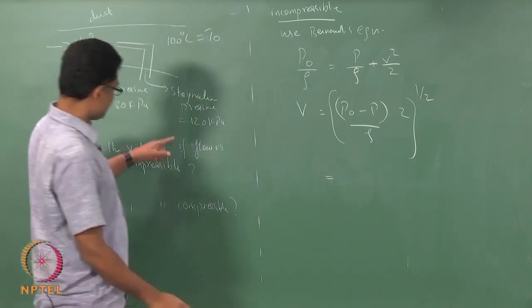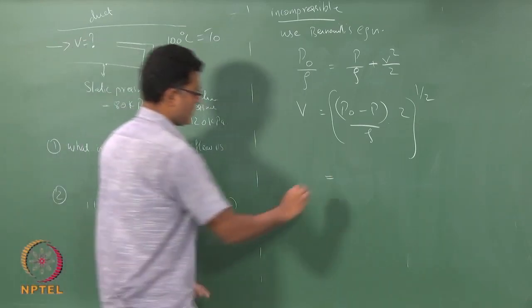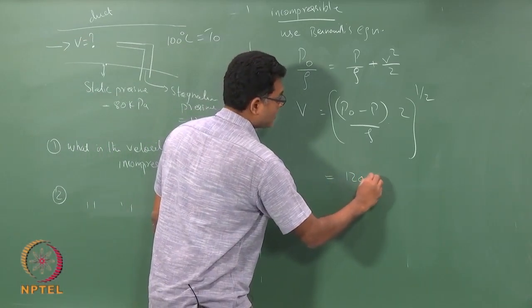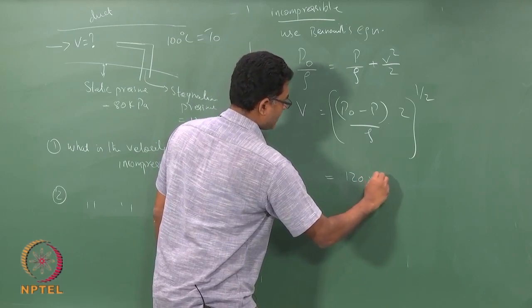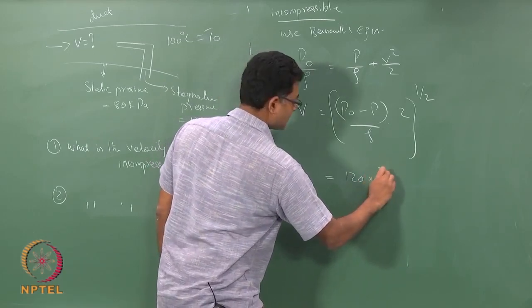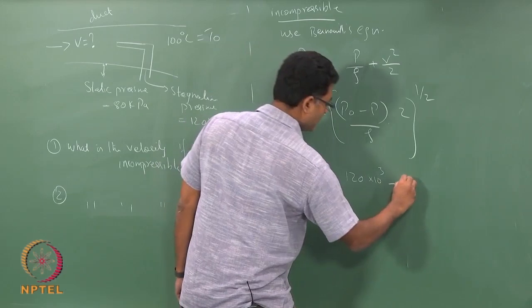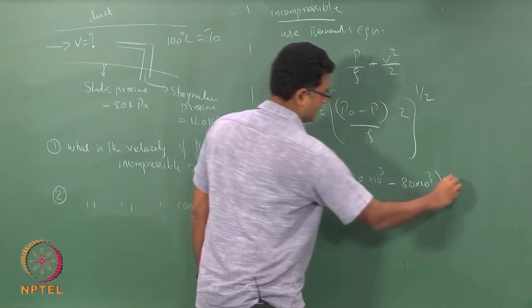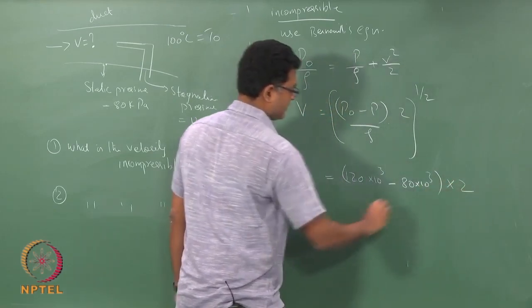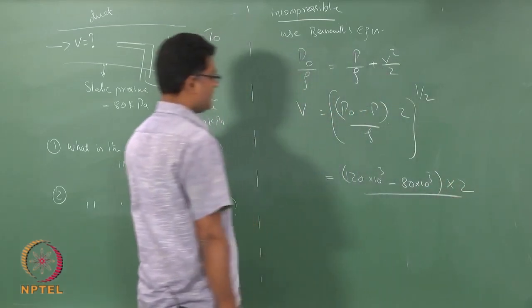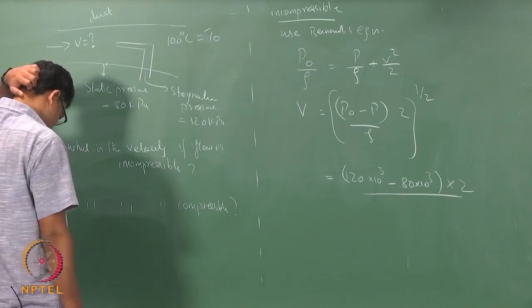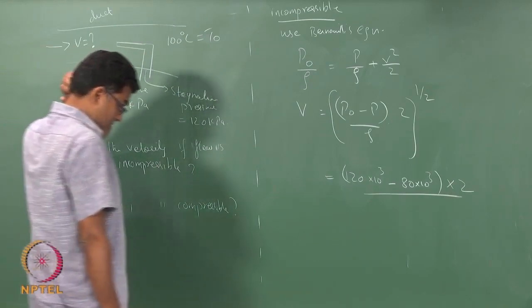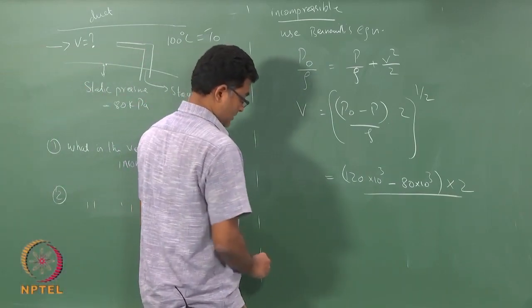So, what is my stagnation pressure here? 120 into 10 power 3 minus 80 into 10 power 3, multiplied by 2 divided by density. You can assume perfect gas.